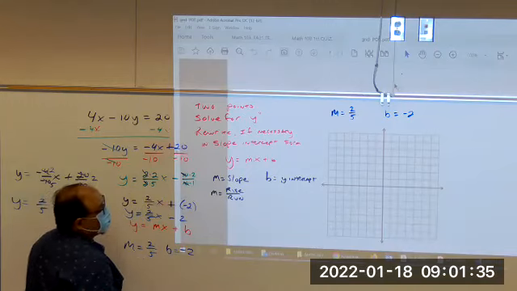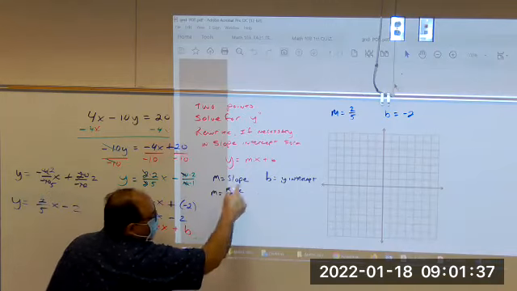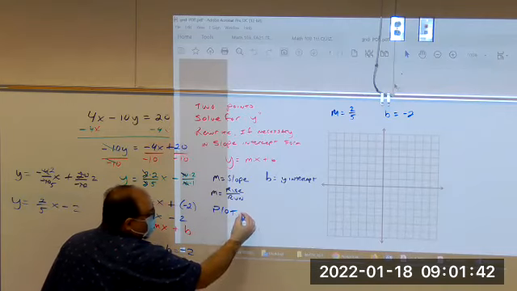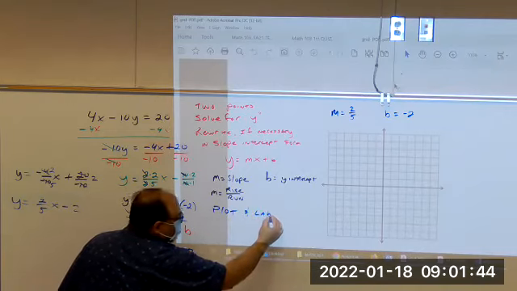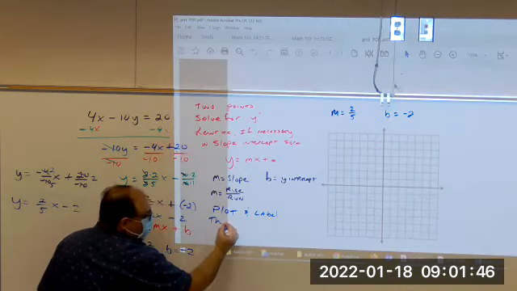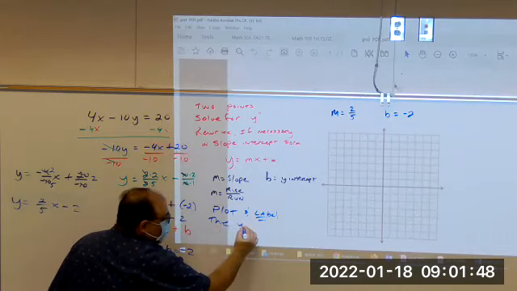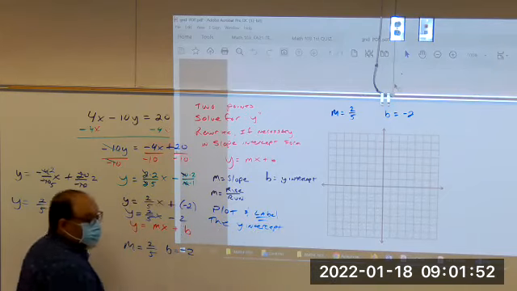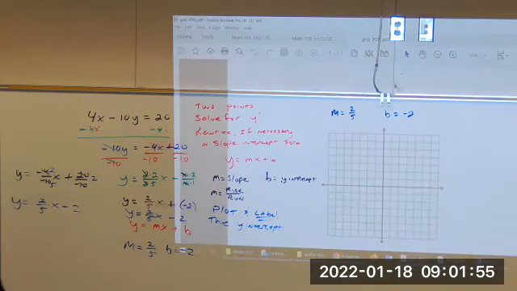Okay. So we find the slope and the y-intercept. You're going to plot and label the y-intercept. Okay. I will be saying that all semester. But you got to label what you're graphing, always.